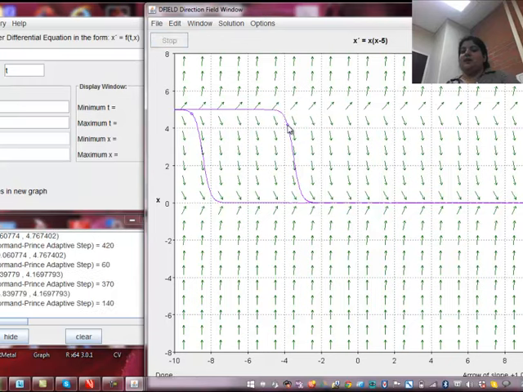If we start here, the forward orbit is going towards the origin, the backward orbit is going towards 5, and if I start from the top, the backward orbit is going towards 5 and the forward orbit is going away from 5.